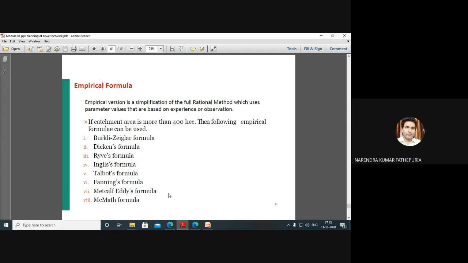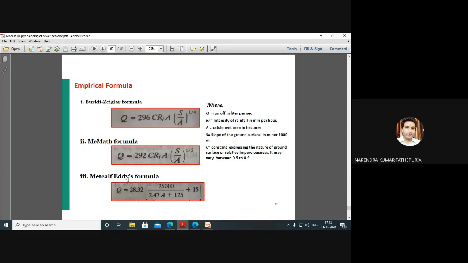If the catchment area is more than 400 hectare, then the following empirical formulas can be used. These are the formulas, Inglis formula and so on. We have done it in the classes, so you can go through this. These are the empirical relations. We don't have any derivations for this. Okay, so directly you will get it.